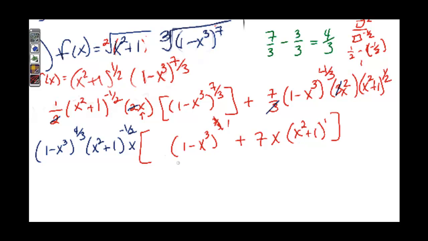So let's clean house a little bit. You don't need those parentheses. Distribute the 7x through. Combine your like terms.